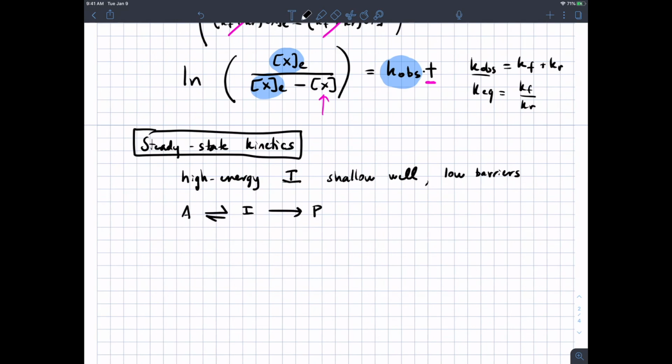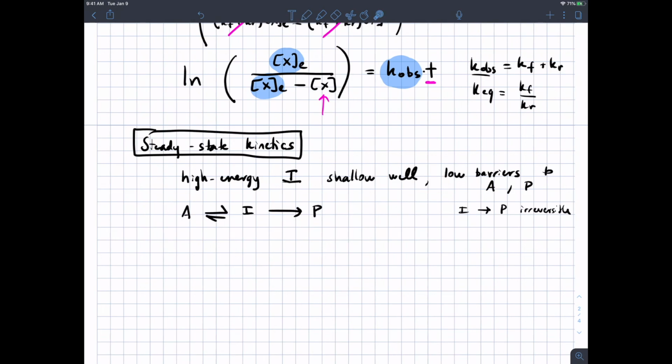So I has low barriers to both A and P, but the step going from I to P is irreversible. Okay?